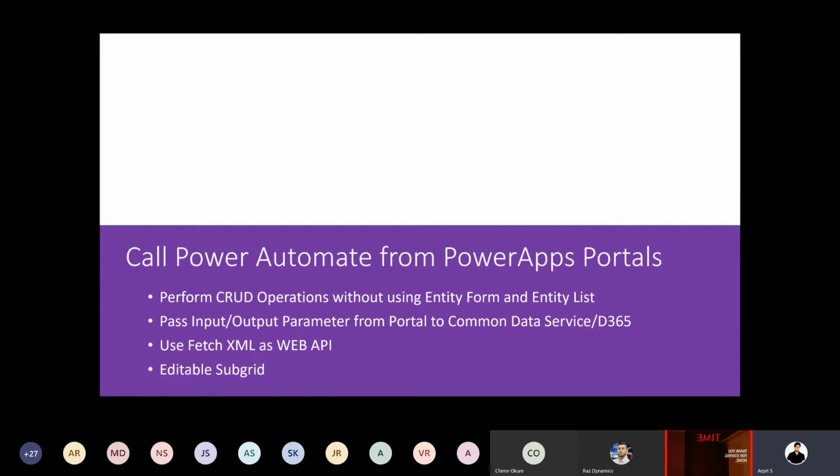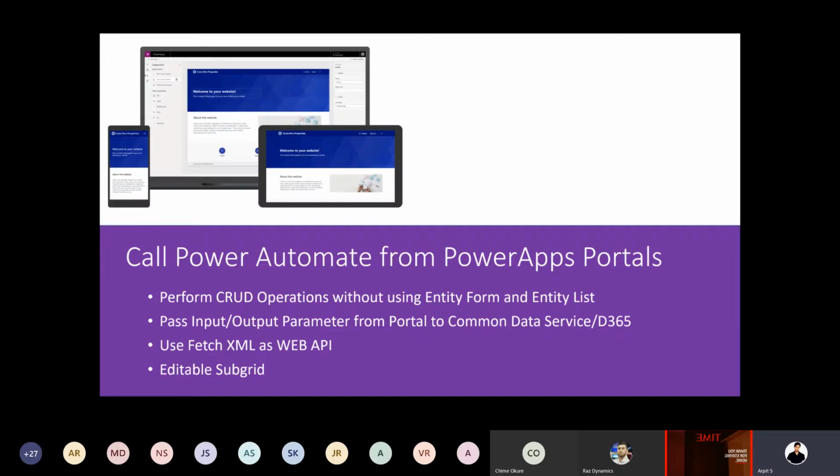You get the drop down in front of each record, and then you can directly perform the on-demand workflows. But the major limitation is you cannot pass some parameters from the portal to those on-demand workflows. So for these kinds of requirements, you can simply use Power Automate.